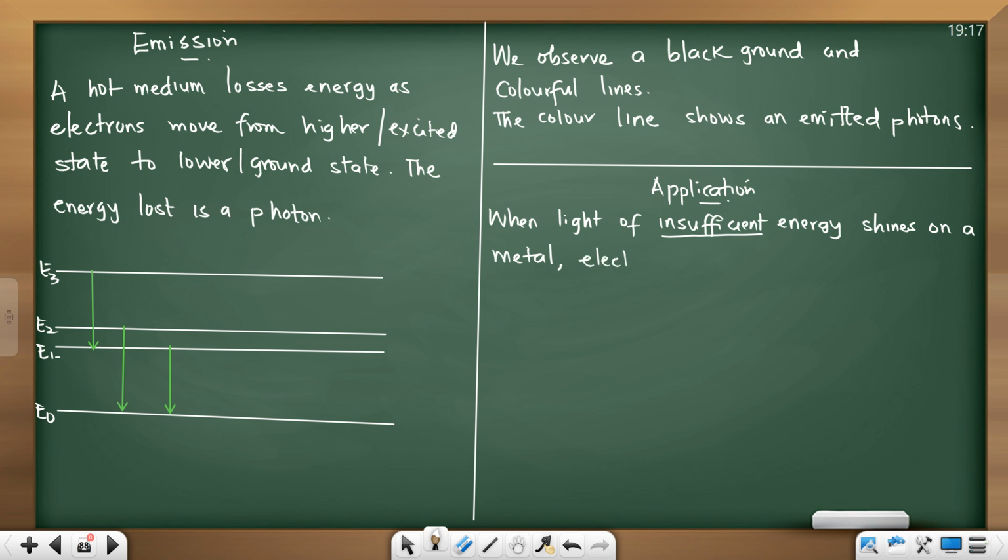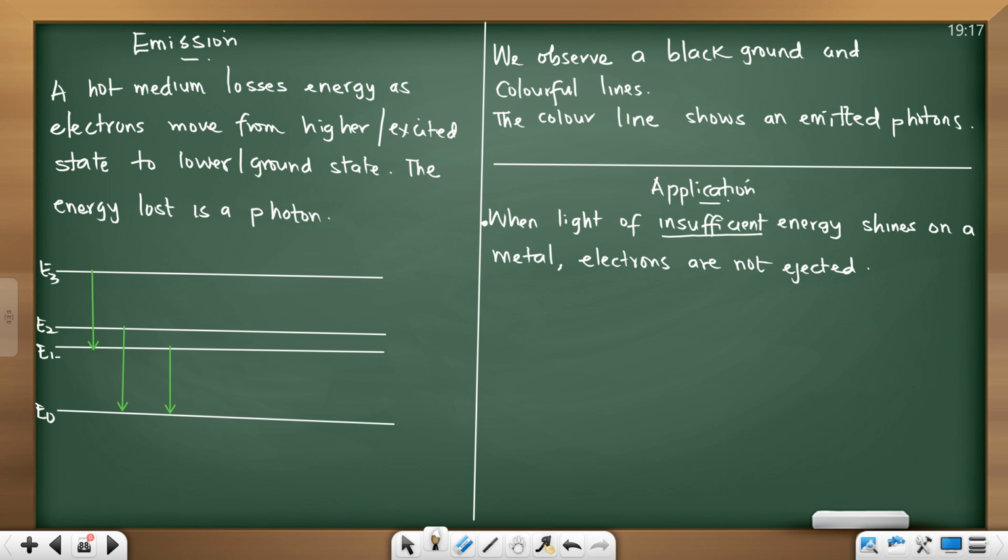Electrons are not ejected, right? That's the first thing we know. That's point one. Because of the word insufficient. You go to the shop, you don't have money, they put your ID there and say wanted.